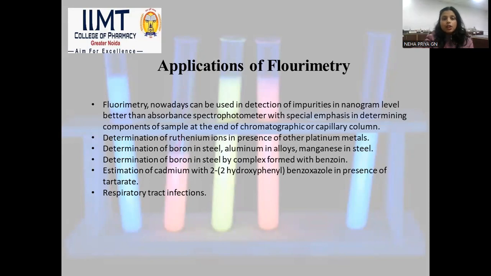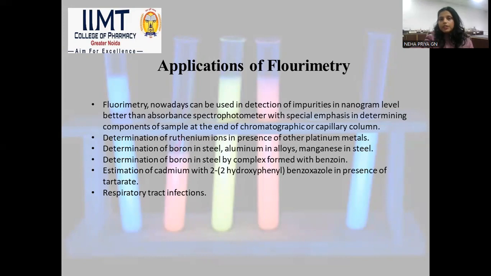Fluorimetry can also be used in the detection of impurities present in any sample, which can be at nanogram levels or others. And lastly, it is used with aluminium, alloys, manganese, and other parameters.